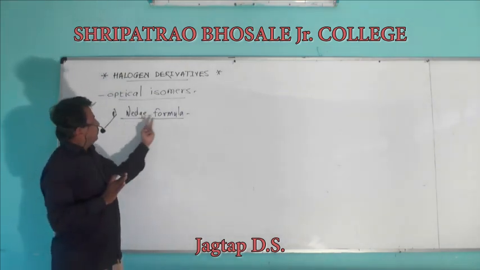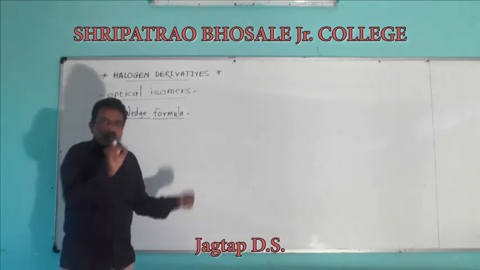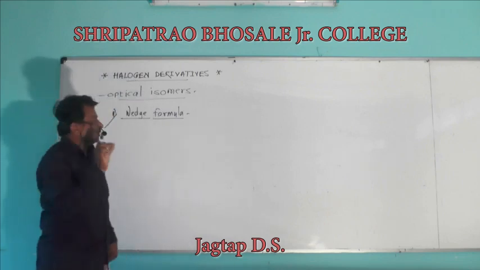So, Wedge formula is represented by the solid wedge, dotted wedge, and the normal line.